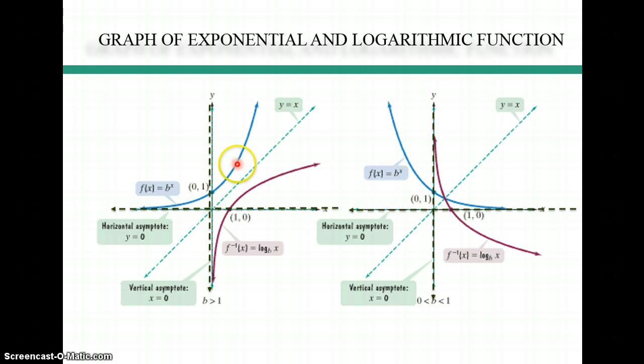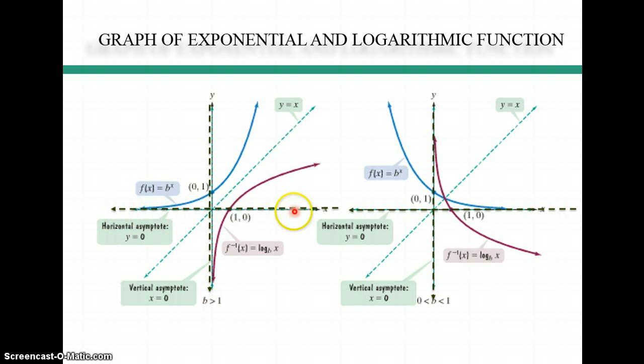This is the graph for exponential function b to the x. This is the graph for logarithmic function log base b of x, where the base b is greater than 1.